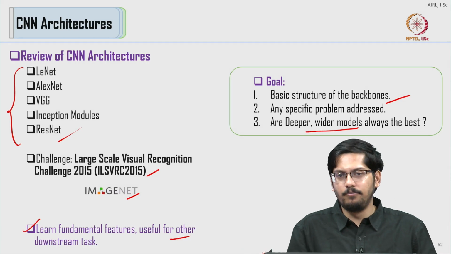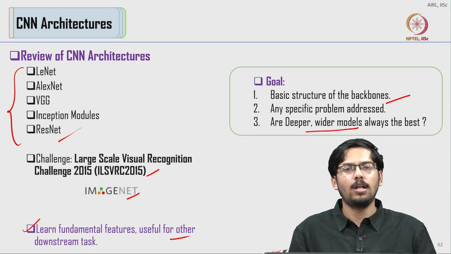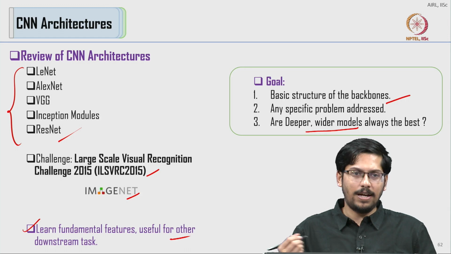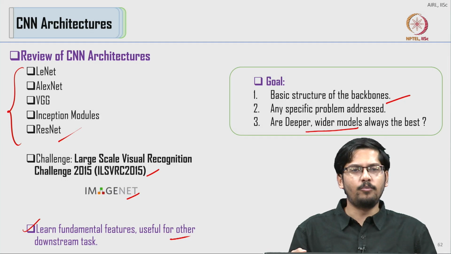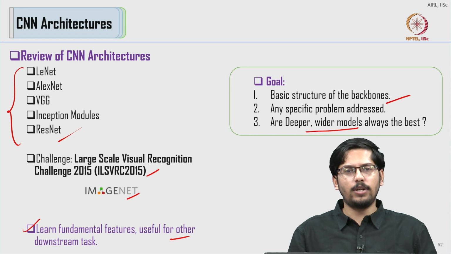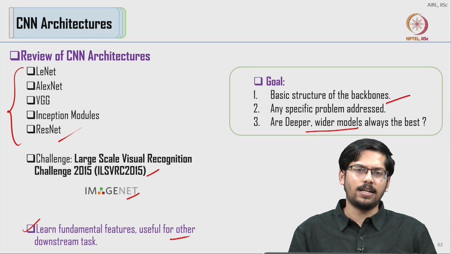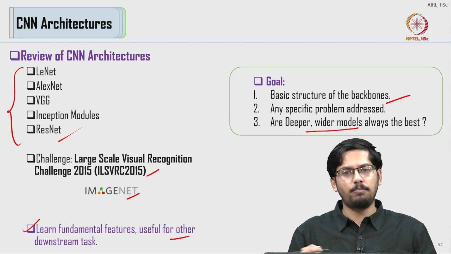Does that do the job? That is something we will try to see while we review these backbones. Also, one note: we will give a very brief summary of these models, and we expect that you read those papers in detail from the relevant citations.